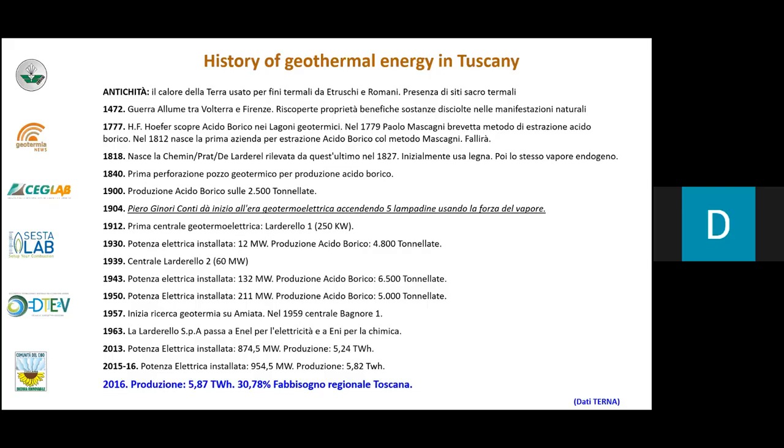And then in the last 2 centuries, we started using geothermal resources for industrial purposes. At the beginning, 2 centuries ago, we started using the geothermal resources for boric acid.